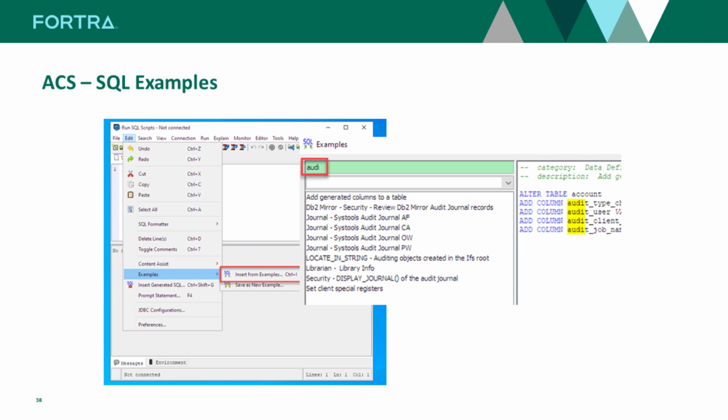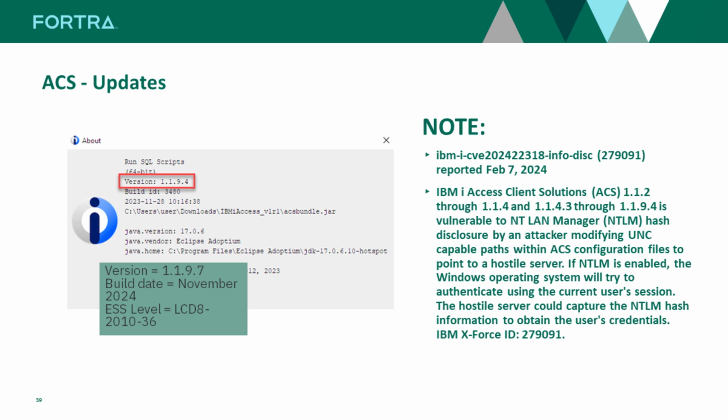All I did was open up Edit and Examples, and in there I typed in the word AUD, and you can see I've got the journal services for AF, CA, OW, and PW, which are great ways to get started using those SQL statements and getting the data directly out of your audit journal. Again, no intermediary.